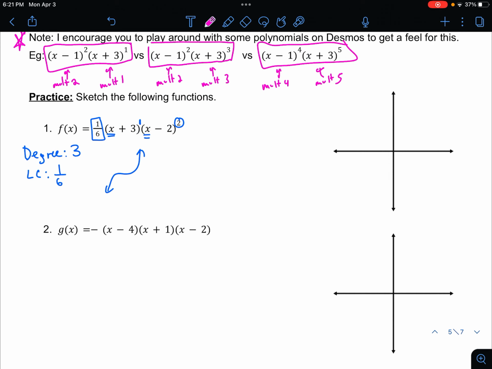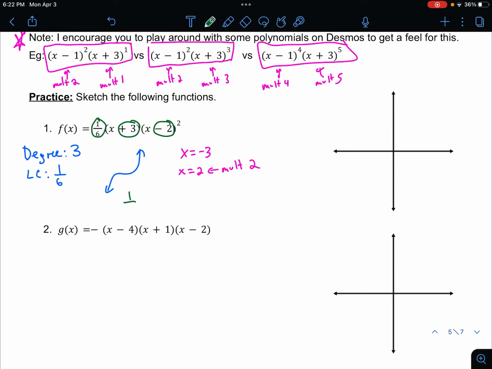If I want to think about what are my x-intercepts, I can see it's going to be x equals -3 and x equals 2. But this has a multiplicity of 2. Very important, so we're going to bounce off the axis there. If I want to get even more specific, I should probably think about the y-intercept, and that's going to be influenced, if I make this into standard form, only by the constants.